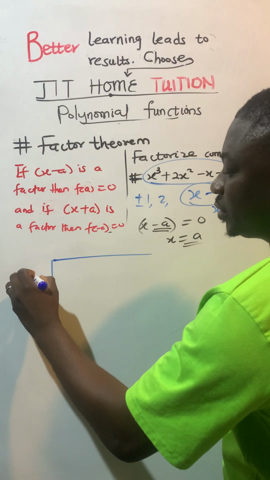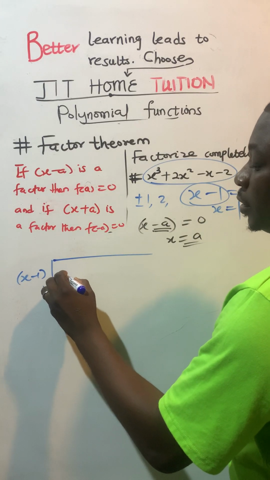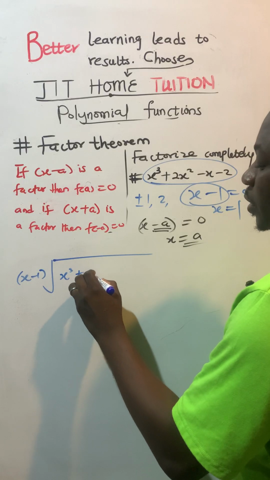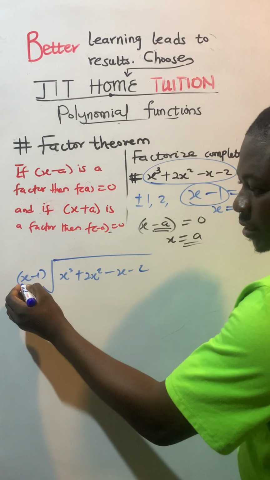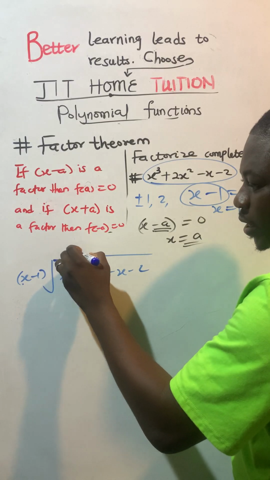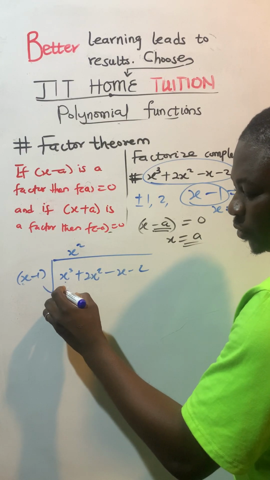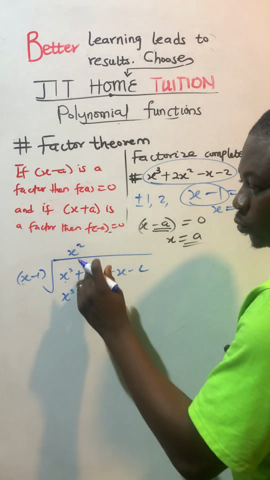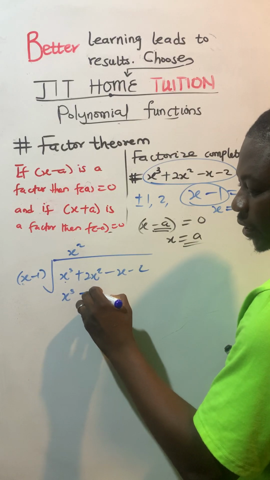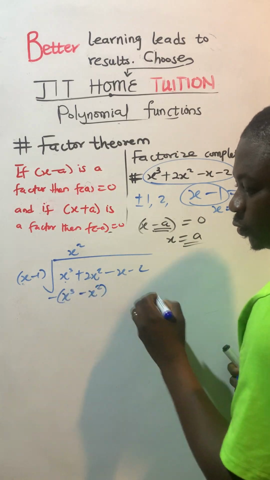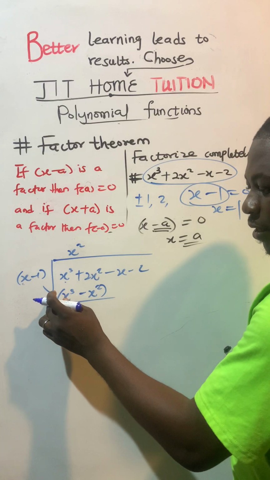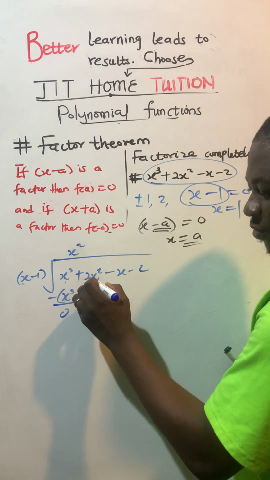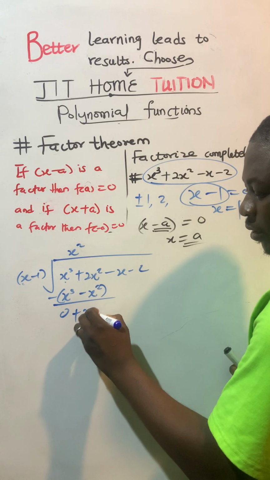Now, having gotten the factor, let's do the long division. You have x minus 1 dividing x cubed plus 2x squared minus x minus 2. This x will divide this, giving you x squared. Then multiplying gives you x cubed and neg x squared. Then you subtract; this one will make this one 0, the negative will become positive plus this, giving you 3x squared.